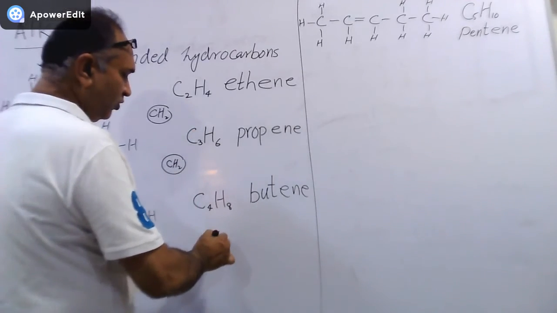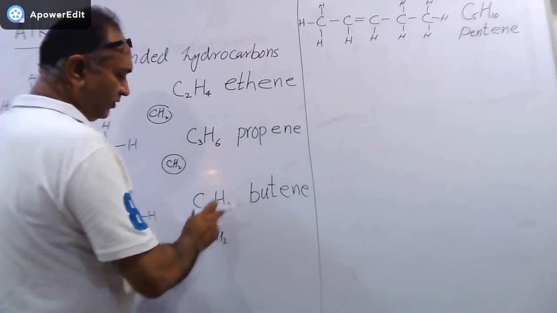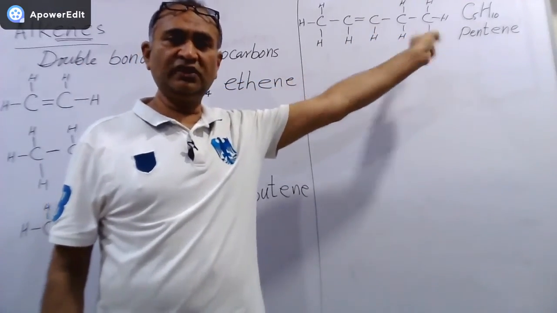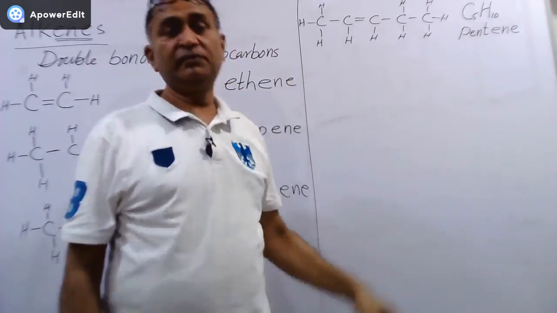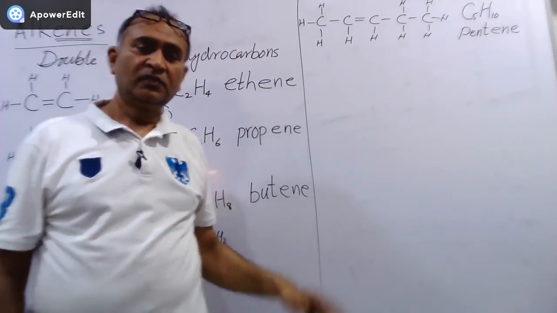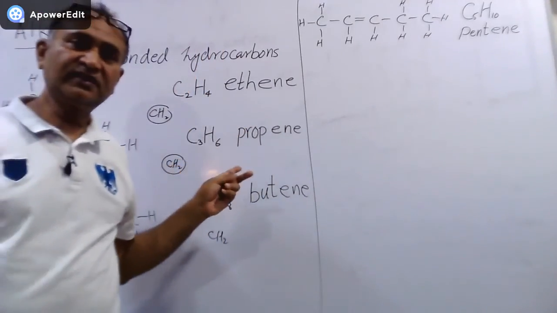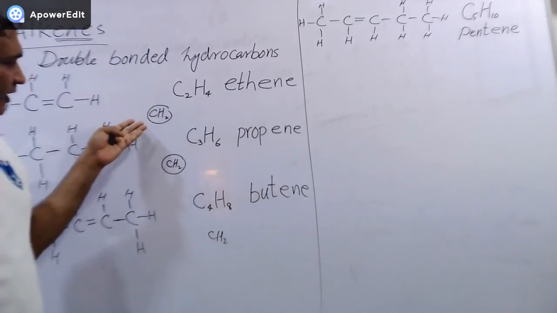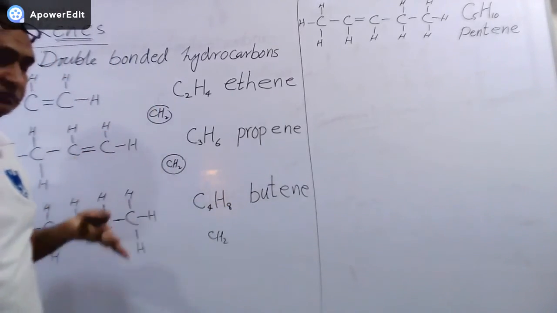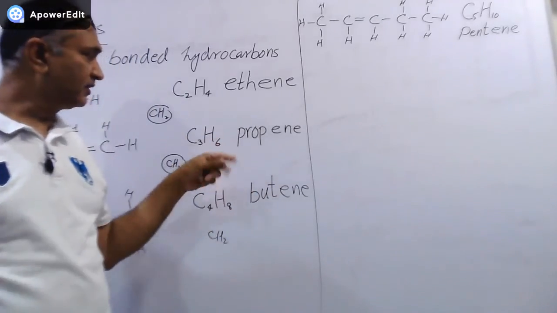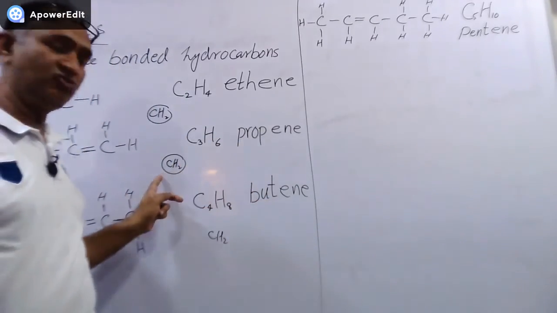Again adding CH2 over here, C5H10. Again adding CH2, C6H12. It means there exists a homologous series again. The difference between any two consecutive members like propene and butene is CH2.